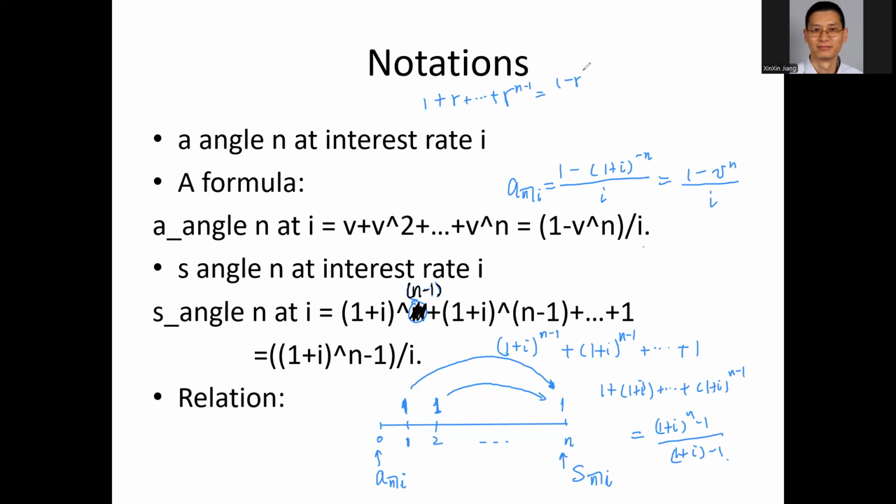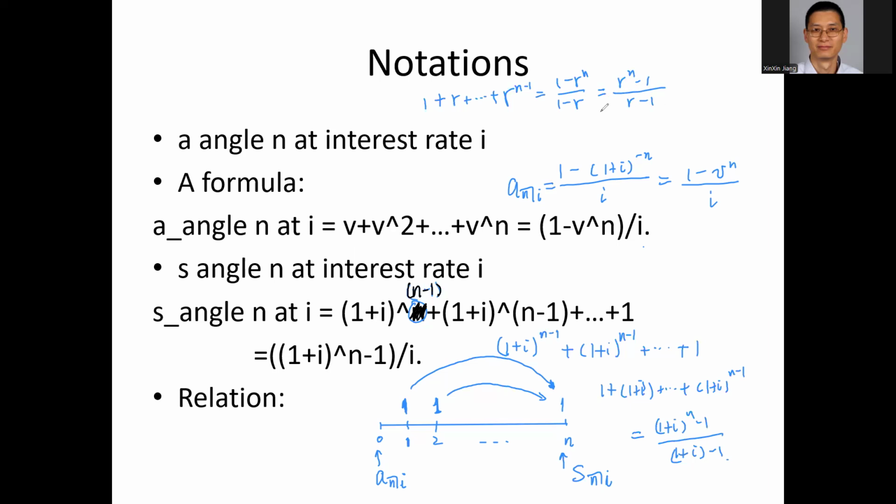That is 1 minus r to the n over 1 minus r, okay? I freely do n minus 1 and n, it doesn't really matter. It's a formula, so as long as you understand this n is 1 plus this exponent. But that's the same as r to the n minus 1 over r minus 1.